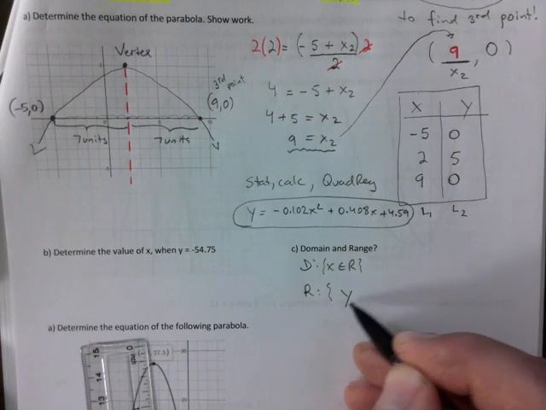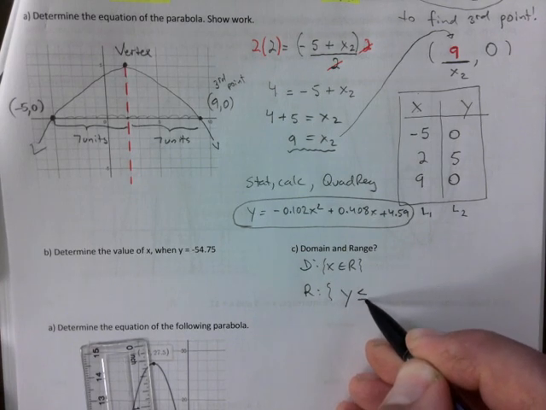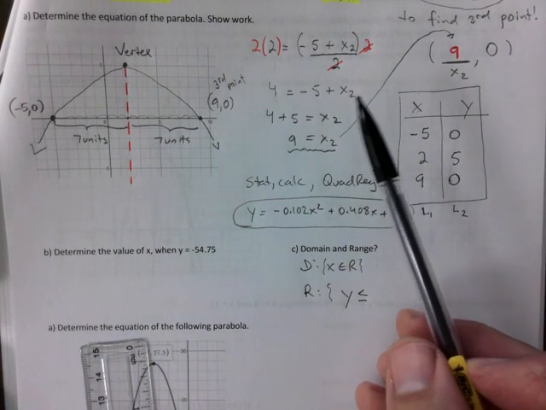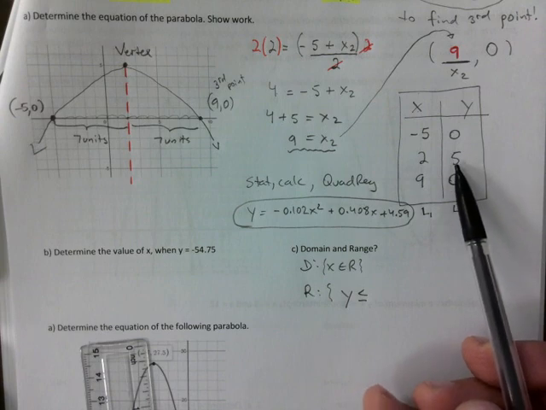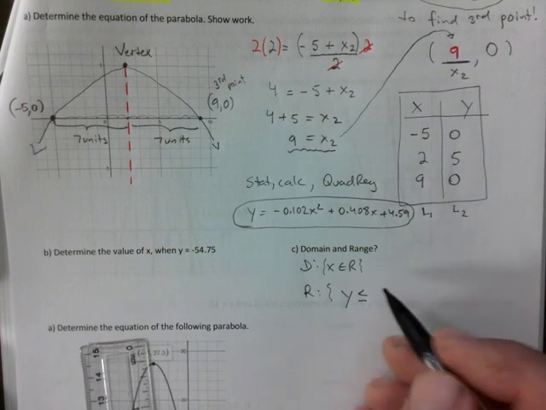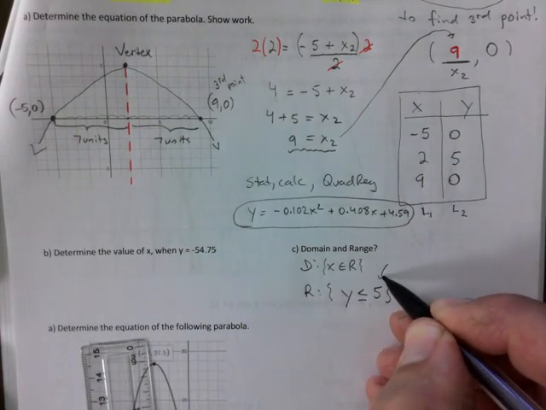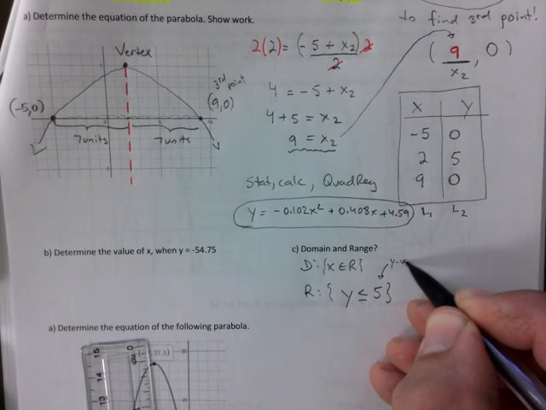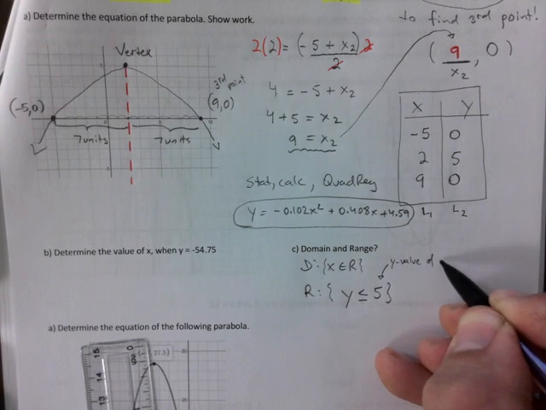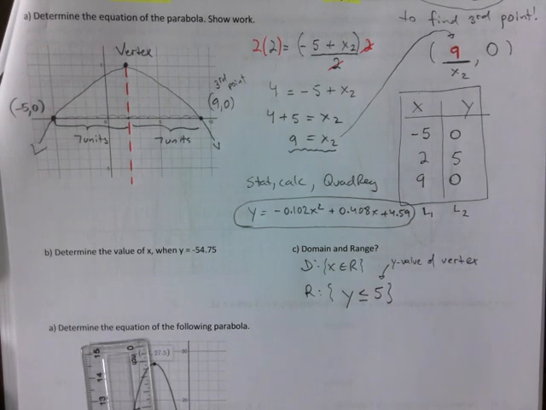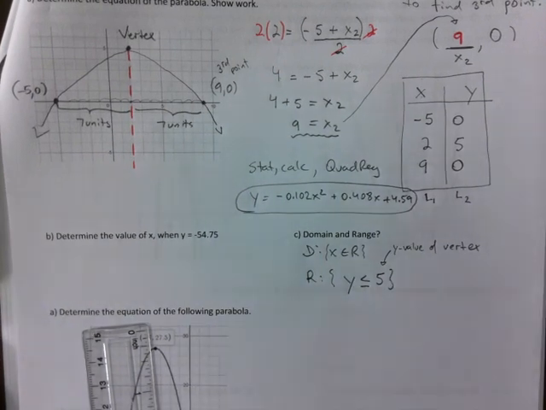So only y values that are less than or equal to the coordinate of my vertex, right? Which has a high point of 5. I'm just going to make a note that this is the y value of the vertex. That's what it says there. The y value of the vertex gave me that.